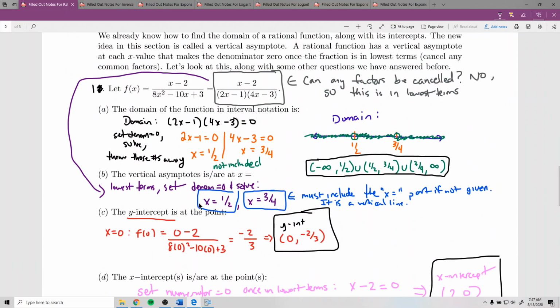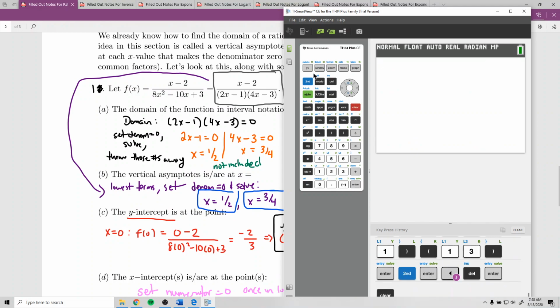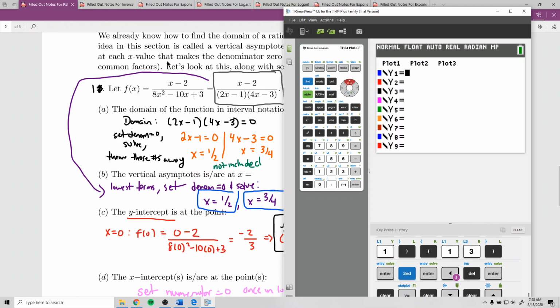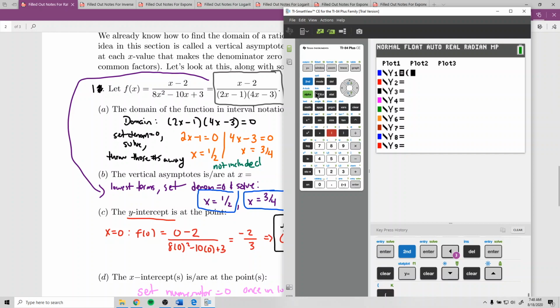All right, so like I said, what I'm going to do is go ahead and graph this in the calculator so you can see the vertical asymptotes. It doesn't matter which one you graph because the calculator doesn't need to know what it factors to. But make sure you put the numerator and denominator in their own parentheses so the calculator reads it correctly. If you want to do the factored version, you'll have like double parentheses.